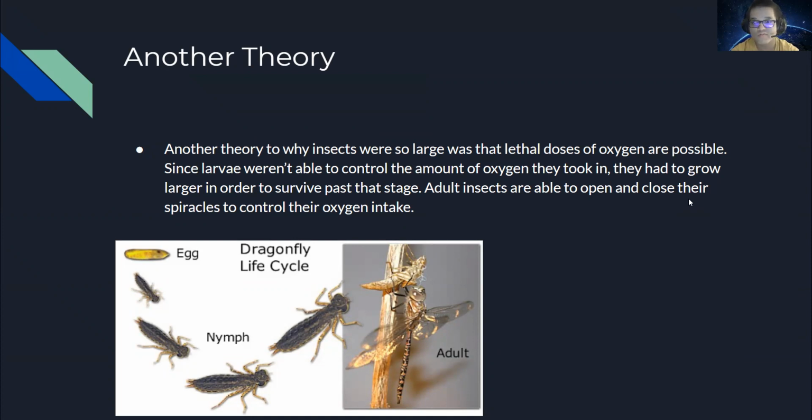Adult insects were able to open and close their spiracles, that's what I meant. I said silica earlier, but it's spiracles, to control their oxygen intake. They believe that larvae weren't able to do it, and they weren't able to survive, because insects were able to control it as they became adults. They also believe that they became sluggish and that's why they had a shorter lifespan as well.